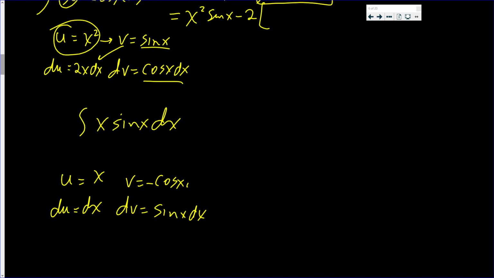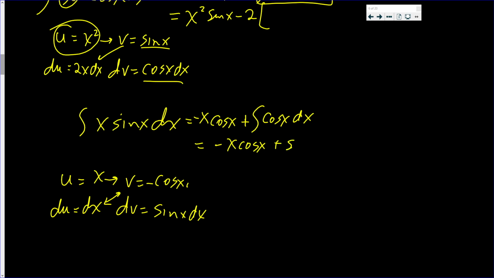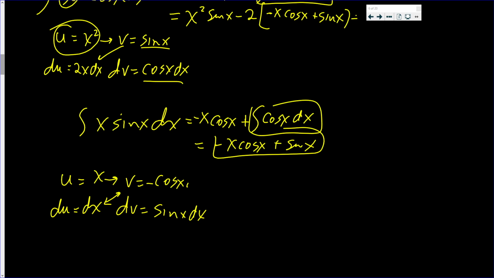Okay. So this is going to equal u times v, which is negative x cosine x, minus the integral of v du, minus cosine x dx. But this integral, we know, is sine x. So this is what I put up here: negative x cosine x plus sine x plus c.